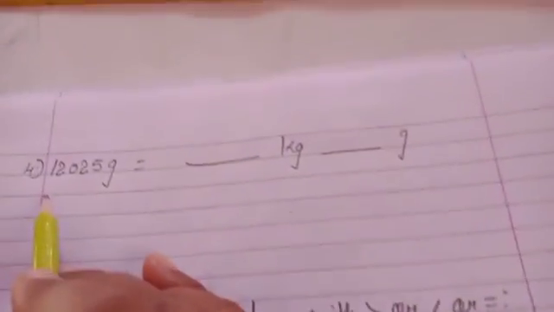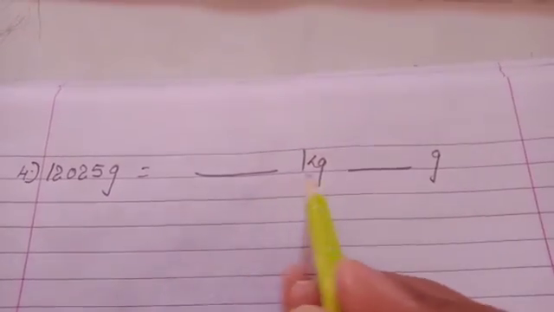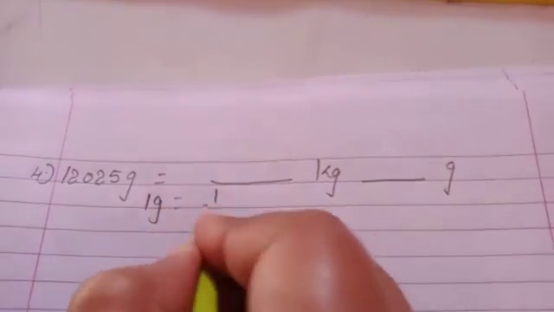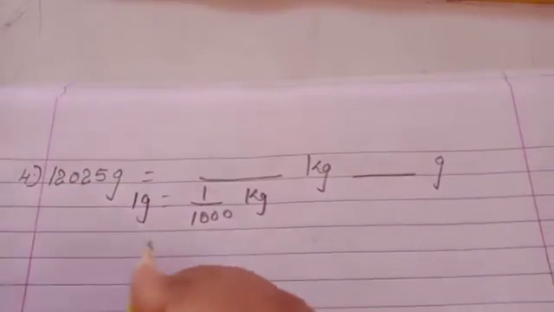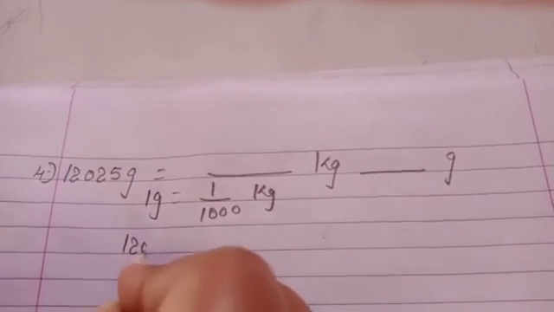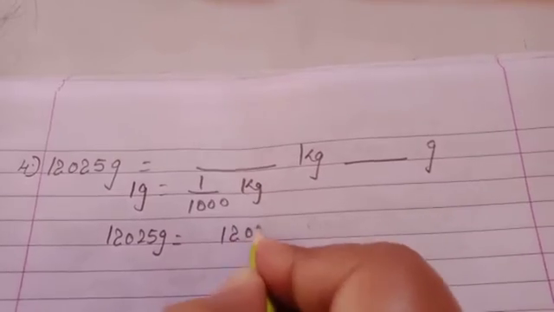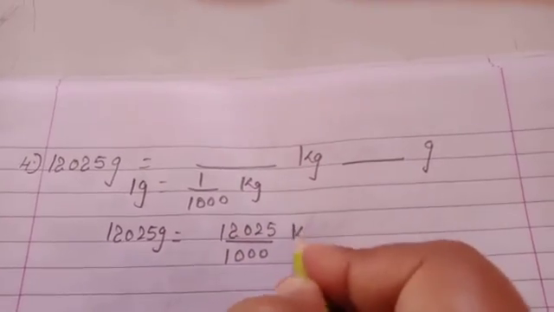So number 4, 12,025 gram equal to dash kilogram and dash gram. So 1 gram equal to 1 upon 1000 kilogram. So we have 12,025 gram equal to 12,025 upon 1000 kilogram.